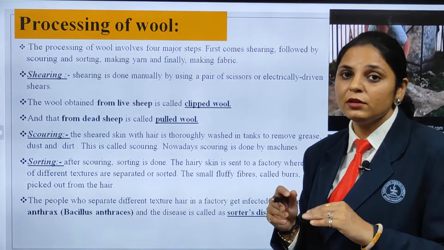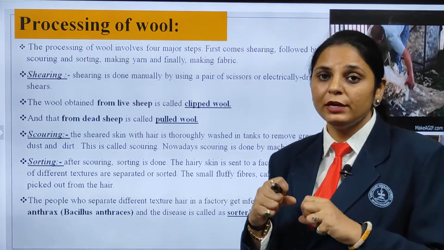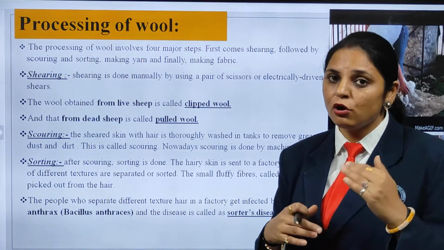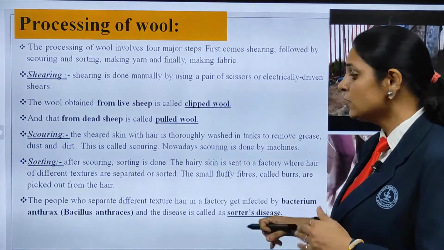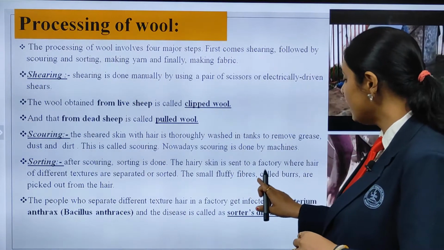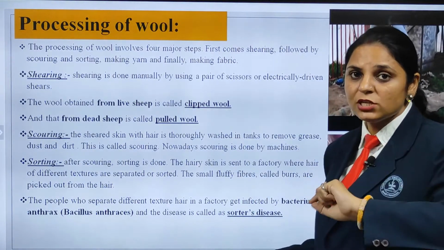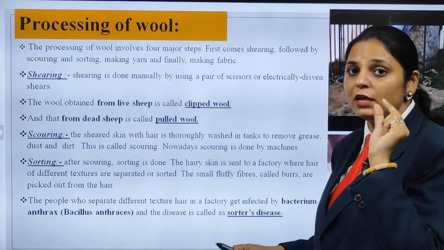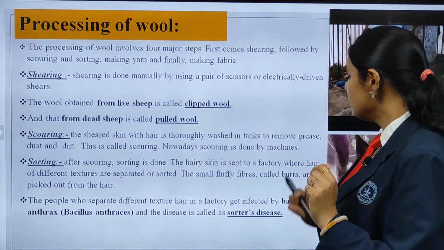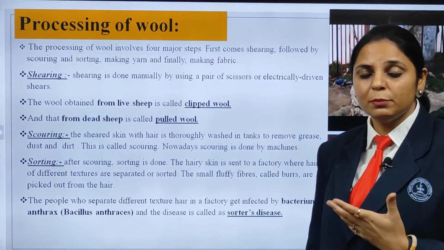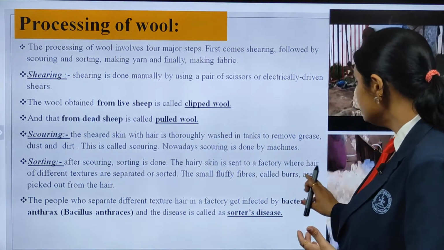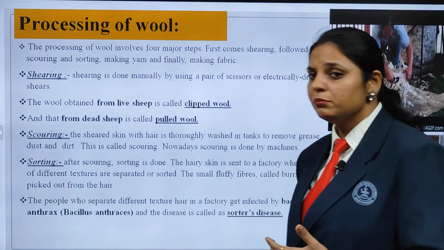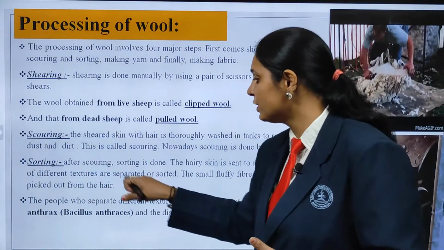Textures means they have different colors or different lengths, maybe long, short, fine, or curly. When it is passed through the rollers, small round fluffy fibers, known as burrs, are picked out from the hair. These are also present on your woolen clothes when you wear them. This is known as sorting.